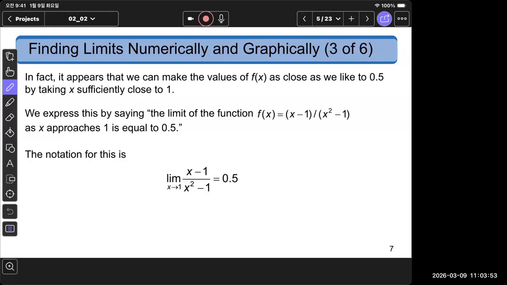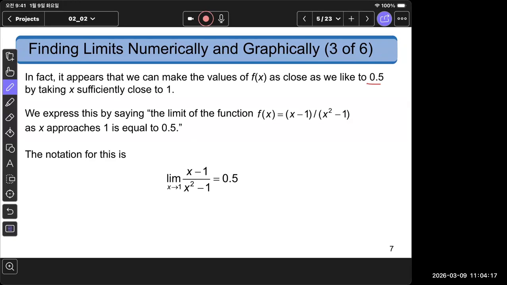It appears that we can make the values of f of x as close as we like to a half by taking x sufficiently close to 1. In other words, when x is very close to 1, the value of f of x will be very close to 1/2.